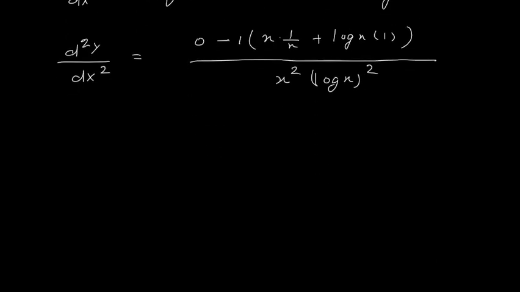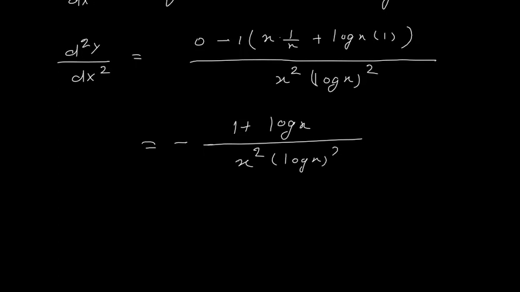So this second derivative is equal to, I will keep this minus sign, 1 plus, this x cancels, 1 plus log x. The denominator will be x square into log x the whole square. So d square y upon dx square is minus 1 plus log x whole divided by x square into log x the whole square. This is the second derivative.